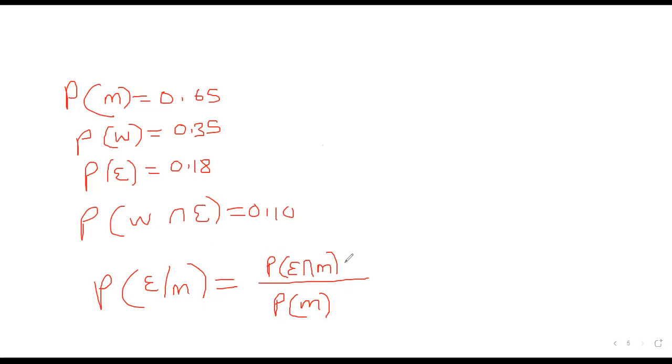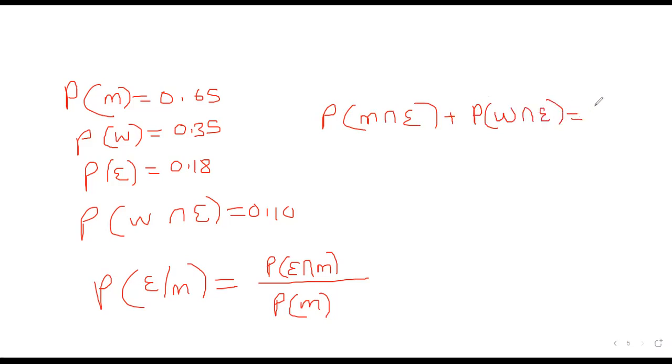Now, we don't have E intersection M, but we have W intersection E. You need to understand that the probability that a man and extends, using theorem 2, plus the probability that a woman and extends should be equal to 1.